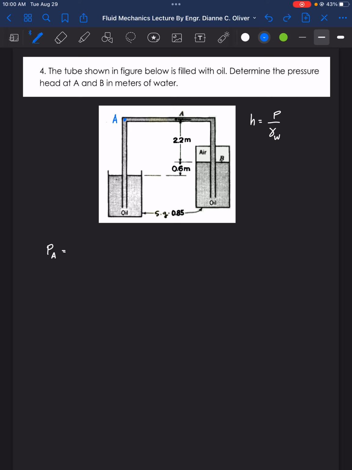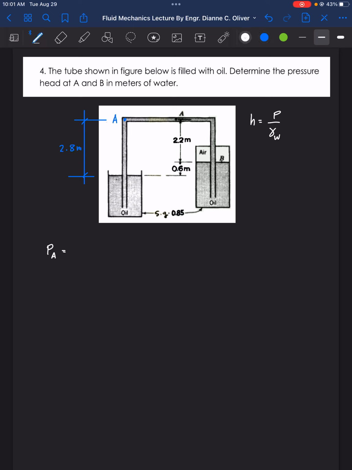So our movement here is from the free surface up to point A. What is the distance there? From the free surface to point A, you have the distance 2.2 plus 0.6. So we're going to focus on this distance, 2.8 meters.